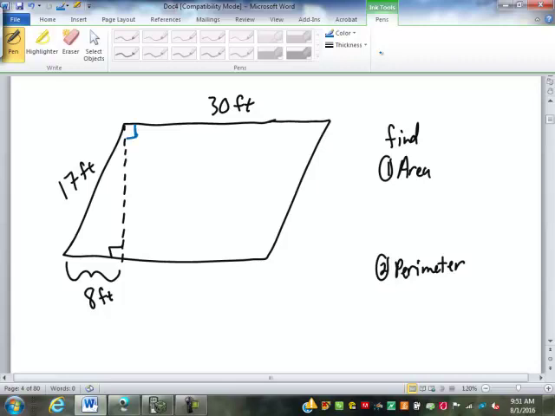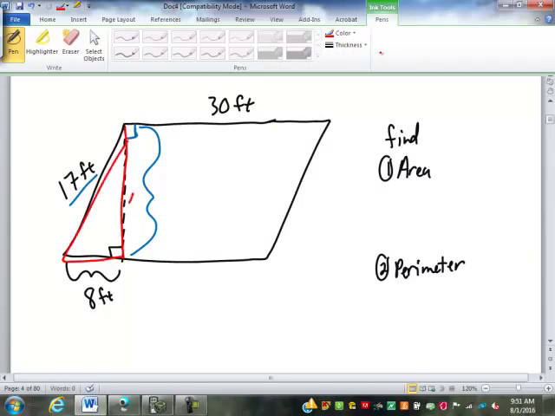We need to know this dimension right here. Can we find that dimension? How do we find it? Well, this is a triangle right here that we have with a right angle in it.